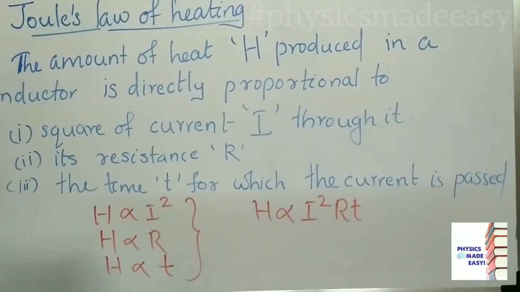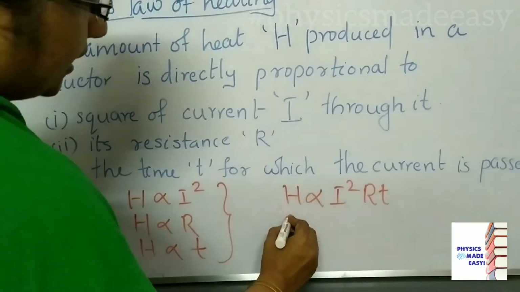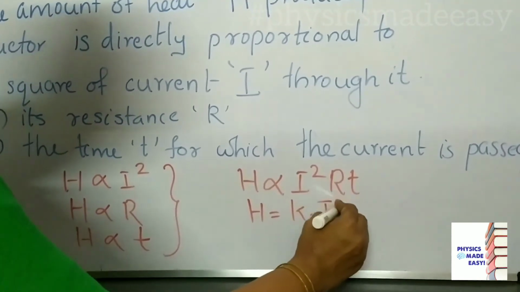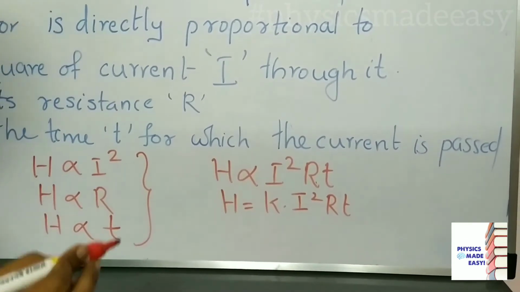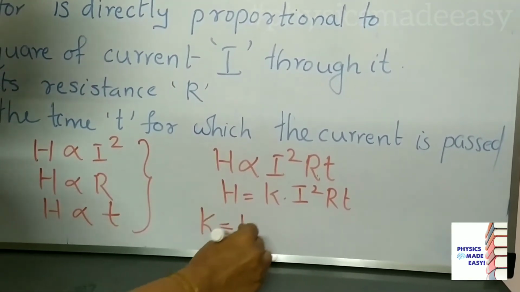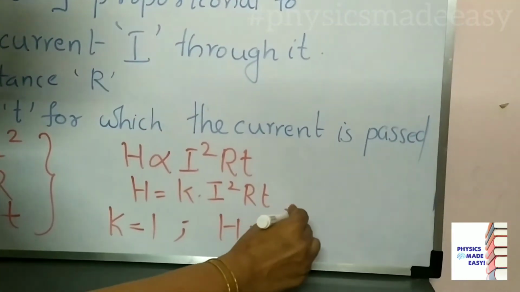For writing this as an equation, we have to remove this proportionality sign. How to remove, you know, there we have to write one constant. Here I am using k into I squared Rt. Then for writing this equation, we can put this k as 1. Then you will get H is equal to I squared Rt.